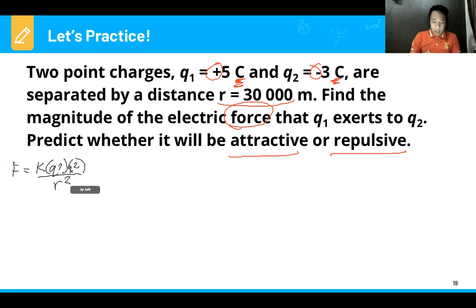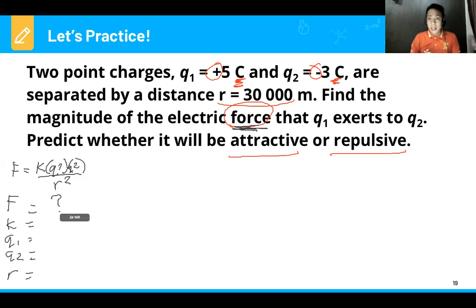So let us find the value, or the given, for each of those parts. We need to find F, K, Q1, Q2, and r. So what are the givens? Do we have a given F? Of course not, because we need to find that. So F is question mark.